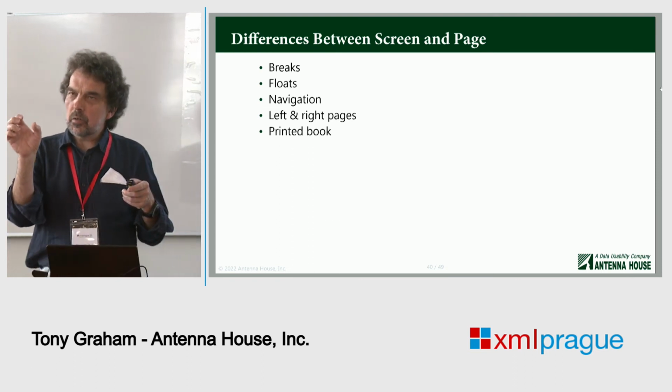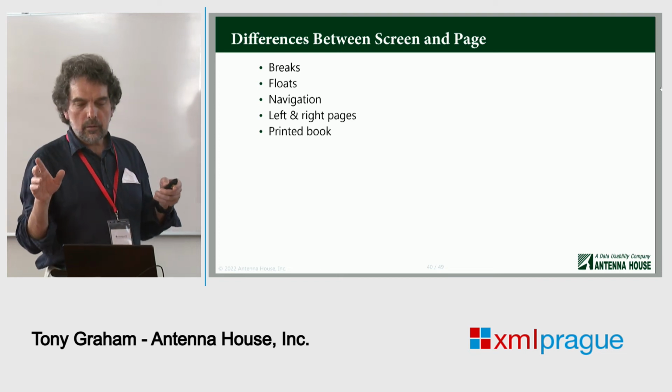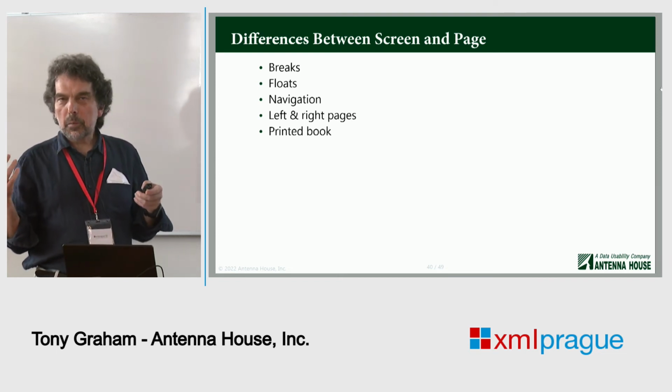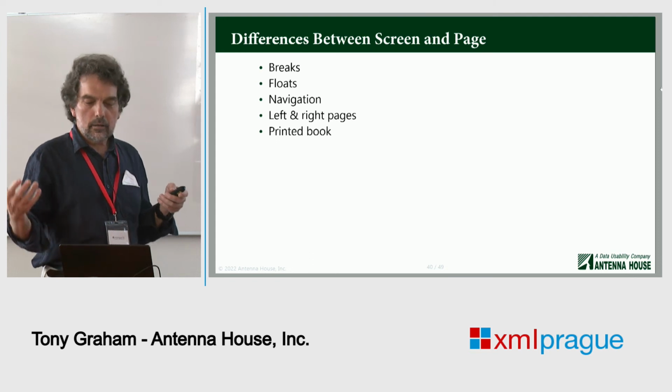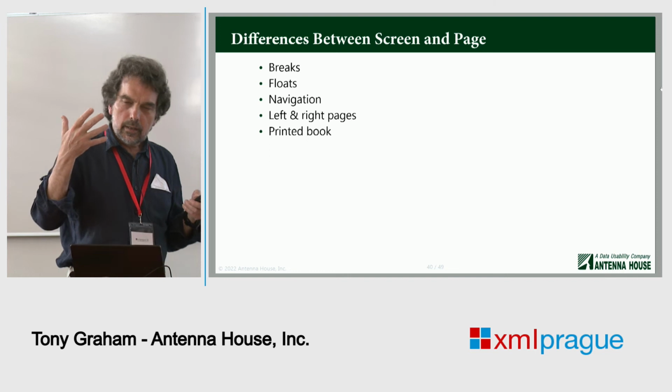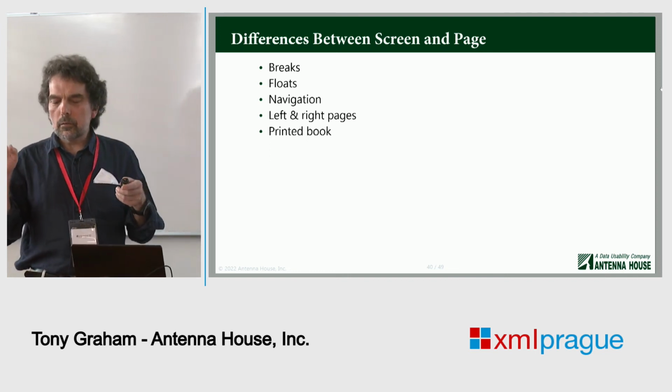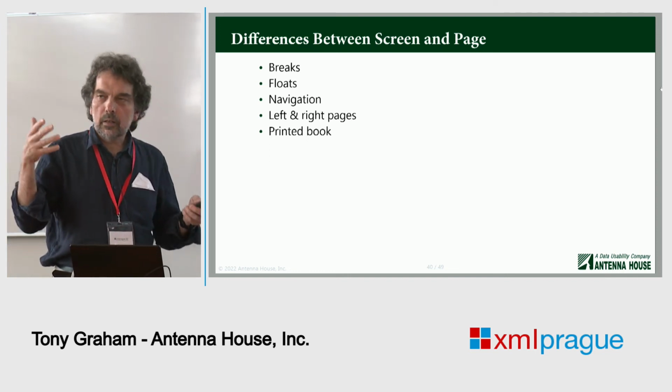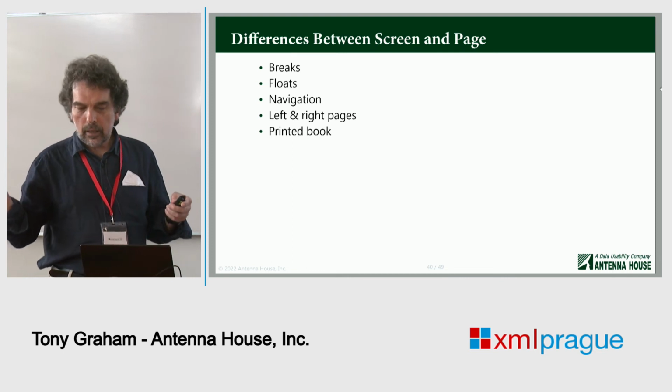Navigation is the hints that you use on your page to show the reader where you are. The left and right pages aren't a concept in a single page on your screen, and there are aspects of the physical printed book which you don't have to think about if you're just producing something for the screen.